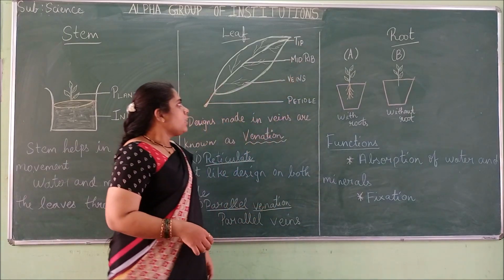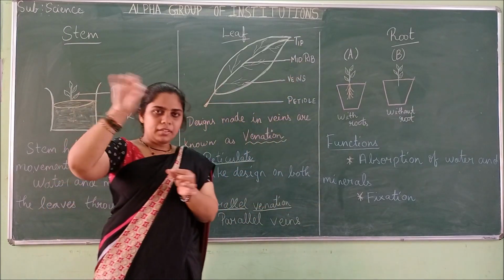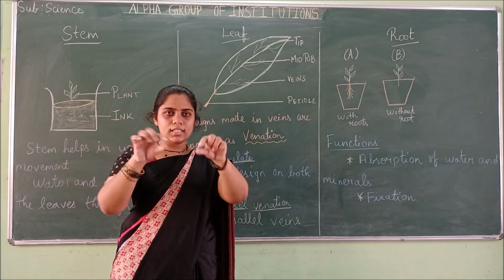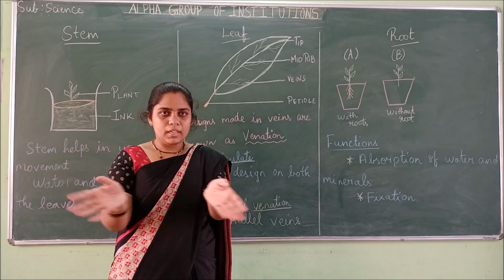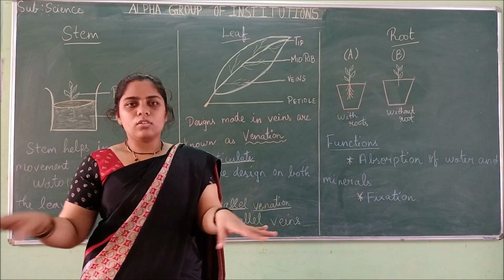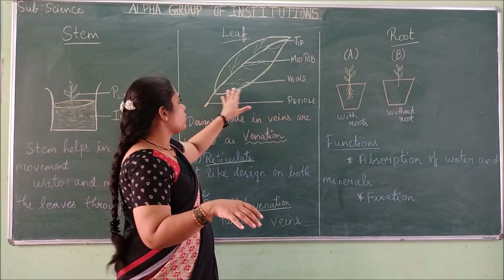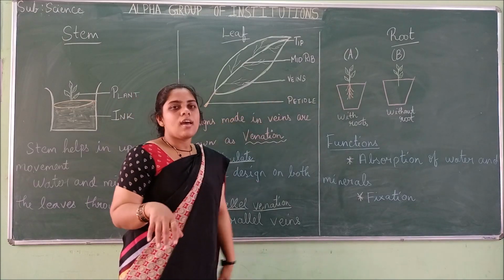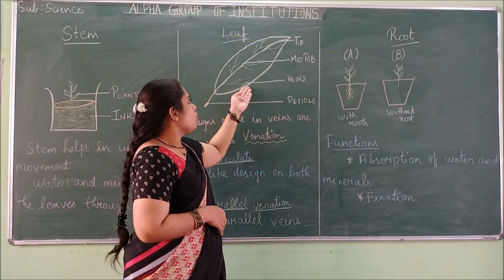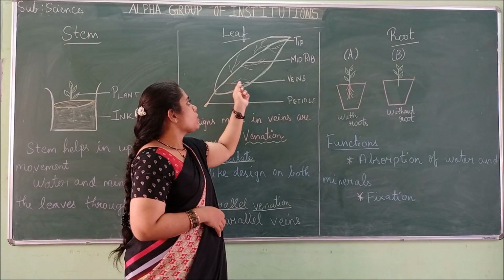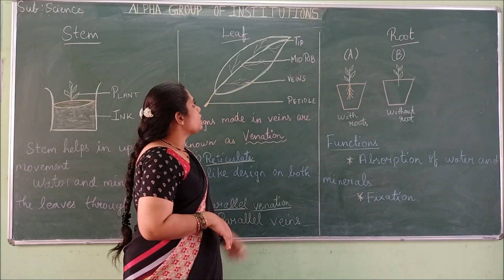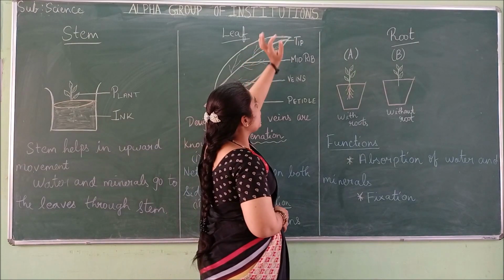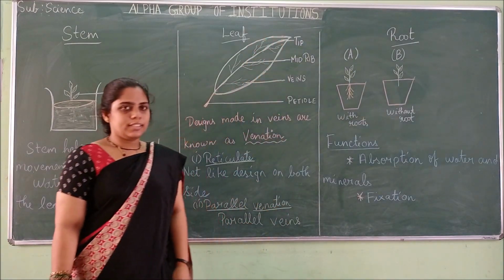Then from the midrib, small lines go out like branches. Those are called veins. And the tip of the leaf is called the tip.